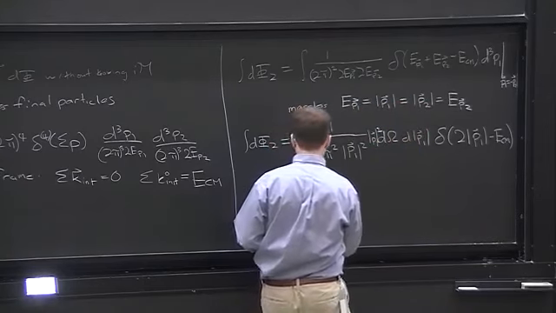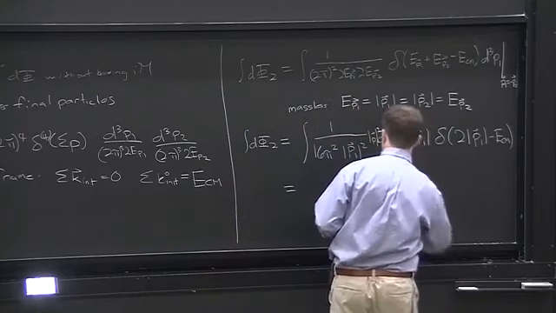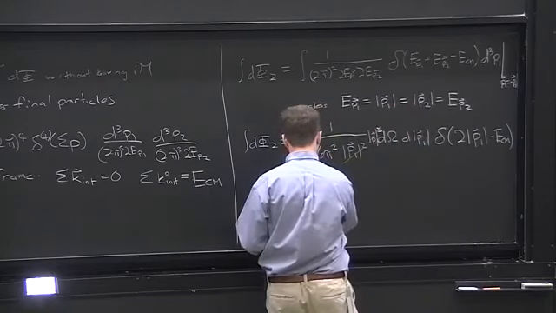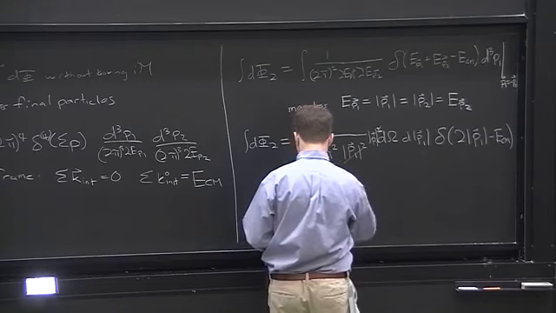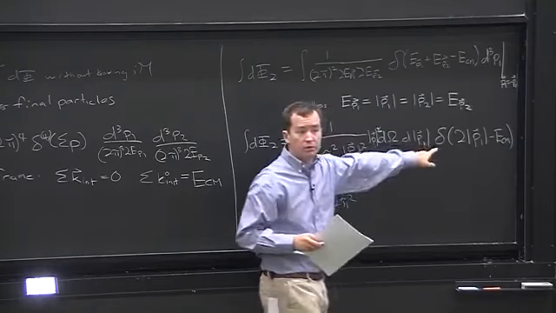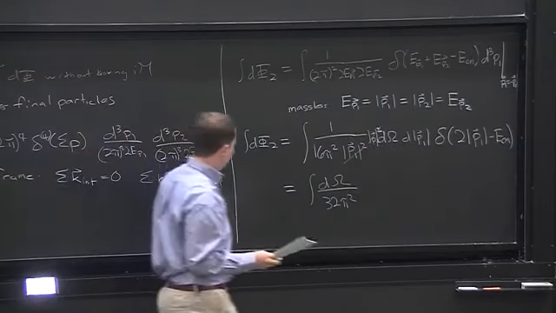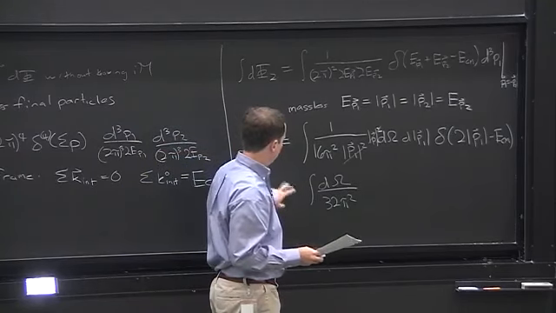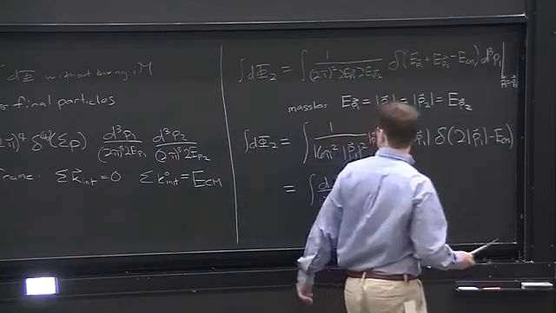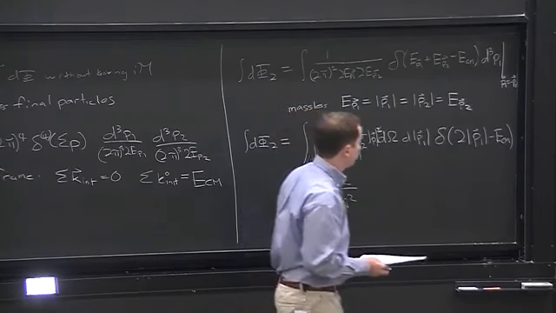So what we're left with is that these factors of P1 squared cancel, and we're left with the integral d omega over 32 pi squared. The half comes from the delta. Okay, so that's what we can get from integrating the phase space using the deltas.